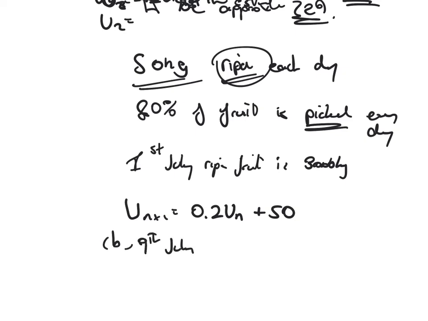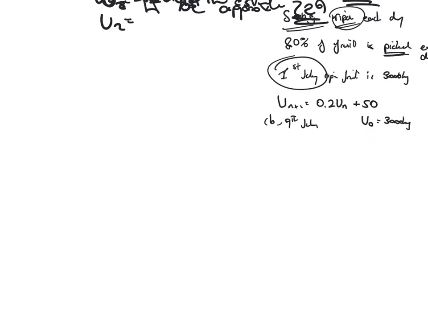Part B says, what is the estimated weight of ripe fruit on the 9th of July? Okay, so U0 being the 1st of July measurement is 3,000 kilograms. Okay, so U1 then will be the 2nd of July, and that's 0.2 lots of 3,000 plus 50, which will give me 650.